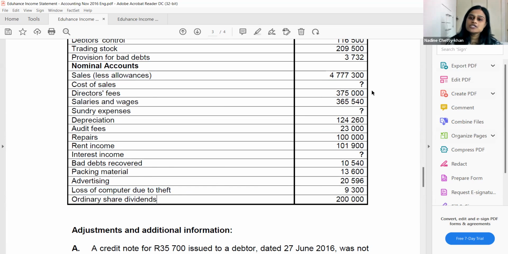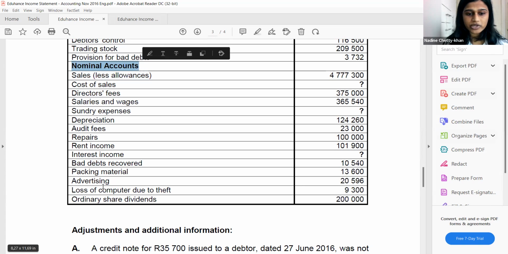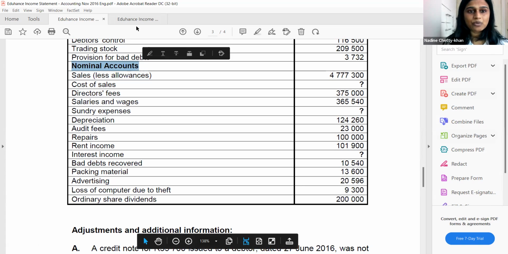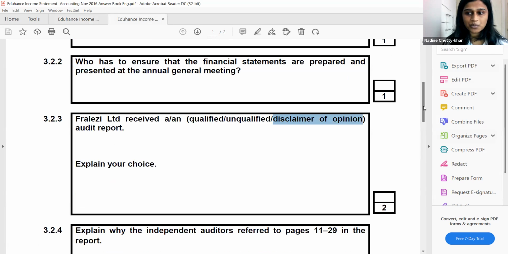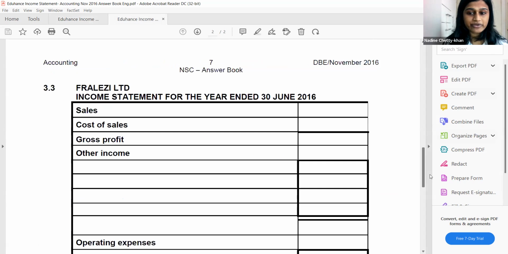Okay, so I have a 3-step process that I tackle with my income statement question. It makes sure that I complete everything and I do not forget anything. So the first part is I will take all the numbers that are related to the income statement, and that will sit under the nominal account section. And we'll discuss ordinary share dividends just now. And I will go put it in my answer booklet. We're going to do it together, but I'm just explaining the 3-step process.